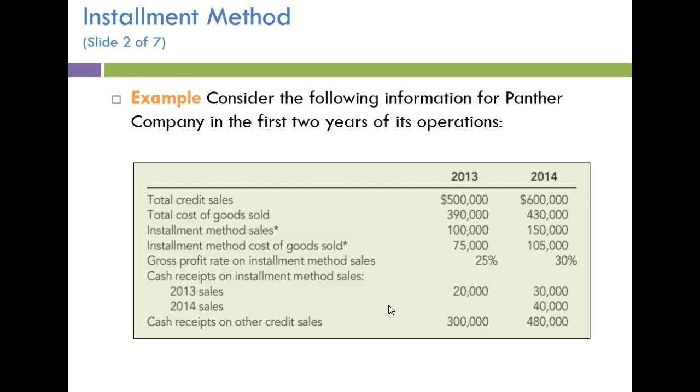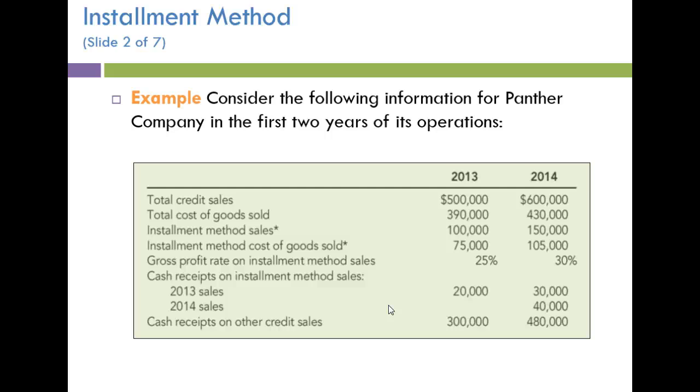Panther Company in 2013 had credit sales of $500,000, total cost of goods $390,000. They had installment sales of $100,000 in 2013 and $150,000 in 2014. And then the installment method cost of goods sold at $75,000 and $105,000.